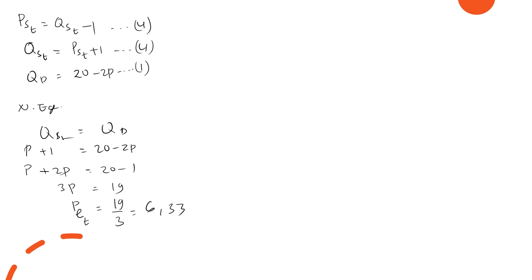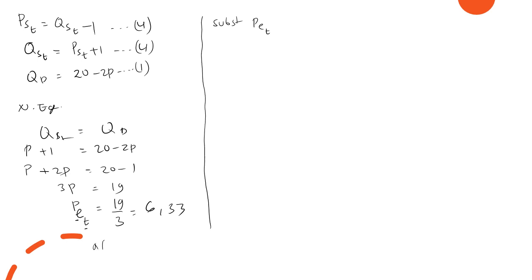Always remember that you have to write the index or the name of the price at the subscript level. Now, what is the new QE? Let me say this first: 6.33.